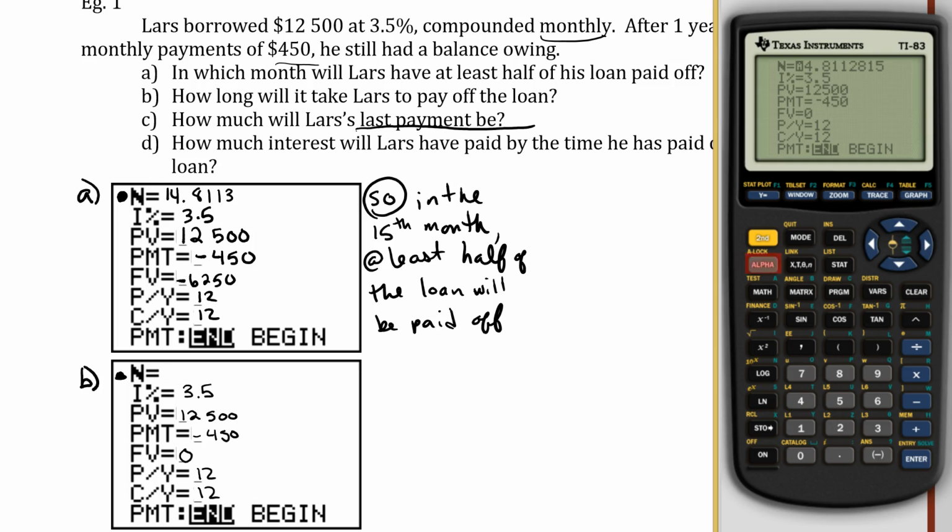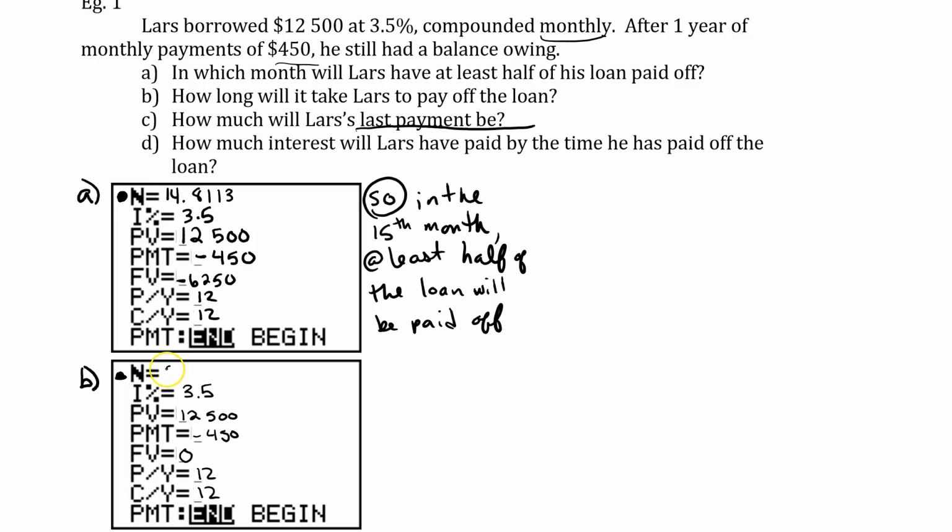So how many months is this going to take to pay off in its entirety? So we have 29.0099874. So how long is it going to take? It's going to take 30 months because it's 29 and a little bit.